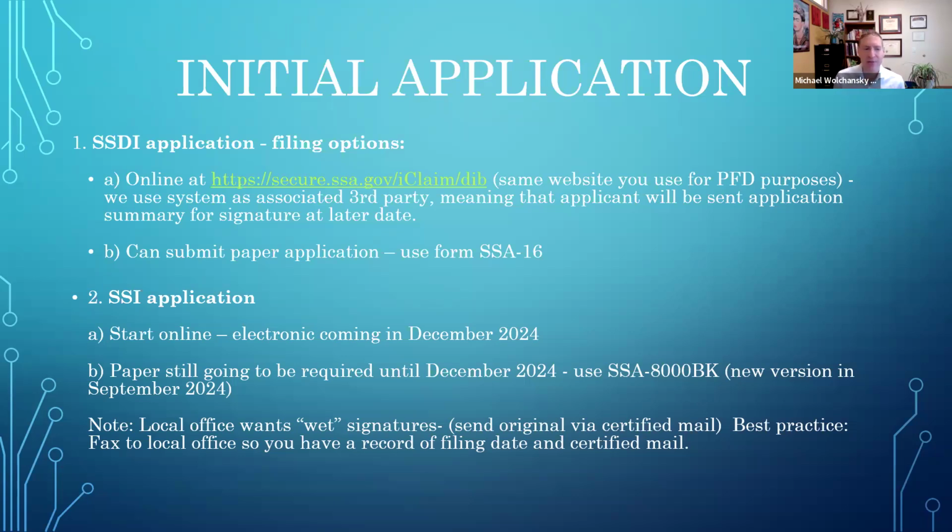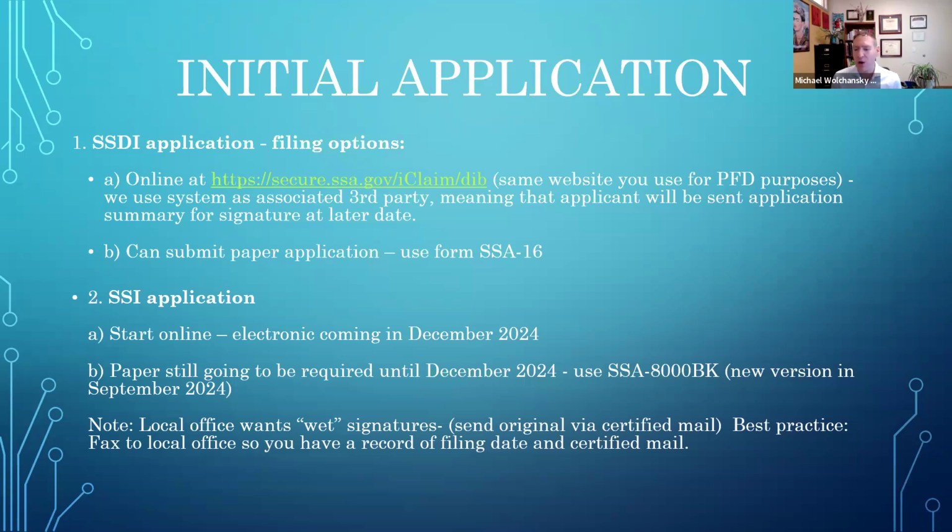One other note in San Francisco is that they have really been pushing for what we call wet signatures. That means they want to see the ink on the paper. For a while, we've been faxing our applications. Best practice is, what we do is we fax an application so that we have a receipt of the application being filed with the local office, just in case they don't get it, because like, as I mentioned earlier, there's such a slowdown in processing applications.